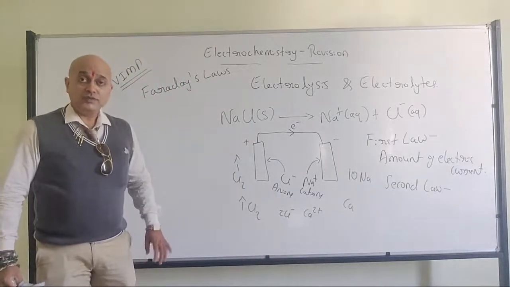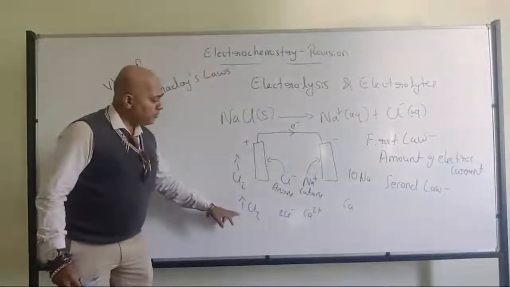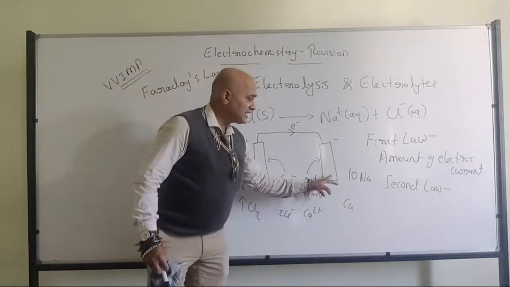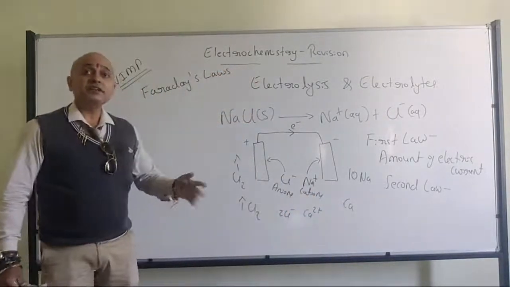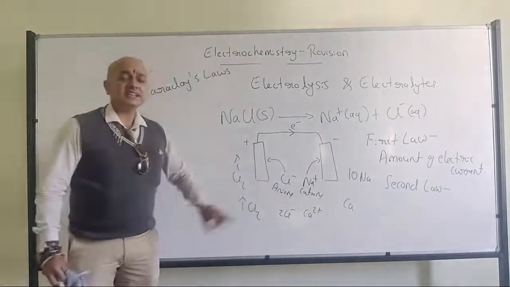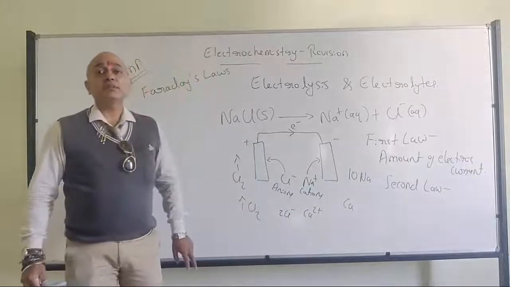That's where the second law comes. The amount of chlorine gas liberated and the amount of calcium deposited will differ. It will not be the same as the first case where we took NaCl.